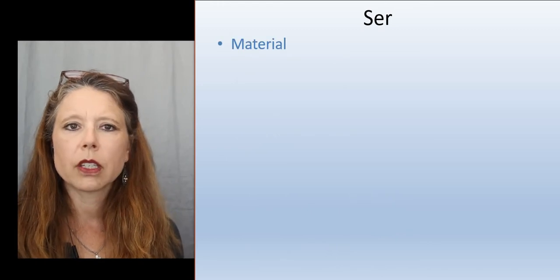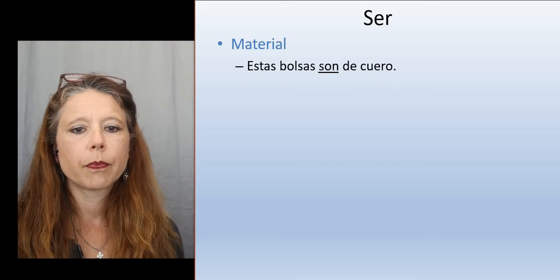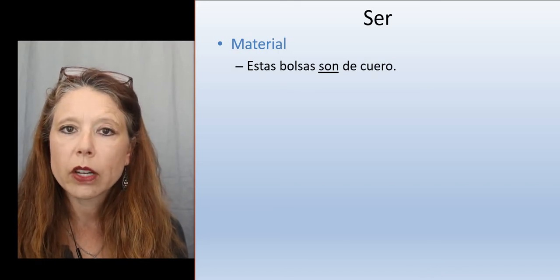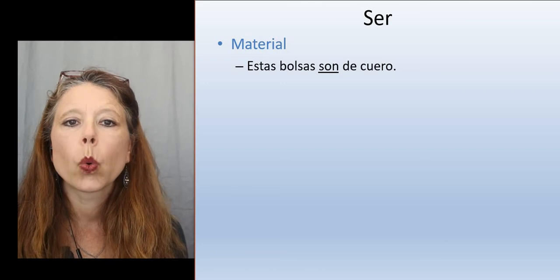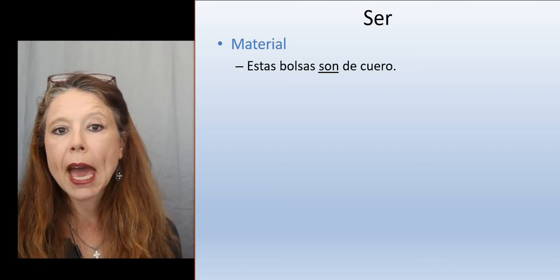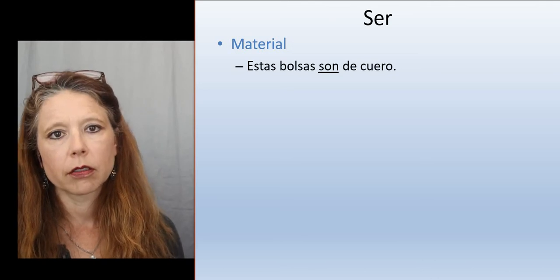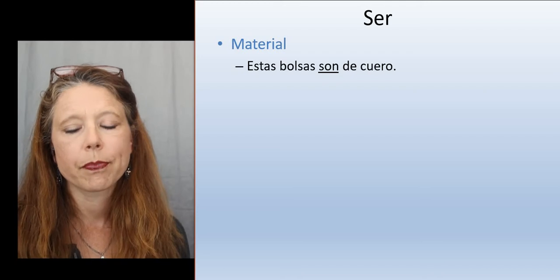When else do we use it? When we're talking about material, what something's made out of. Estas bolsas son de cuero. These bags are made of leather. They're of leather, literally.